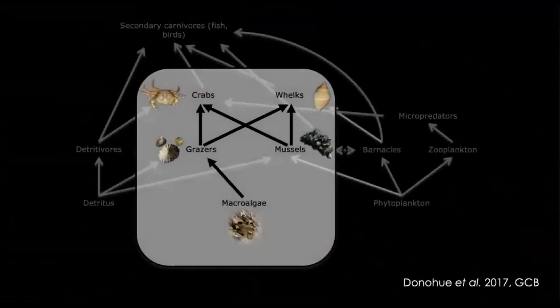So going back to the network of the rocky shores of the east coast of Ireland, looking at it more closely also revealed very well-known non-feeding interactions. Mussels compete for space with macroalgae. The different macroalgae taxa also compete for space. And crabs and whelks are involved in what we call foraging modulation.